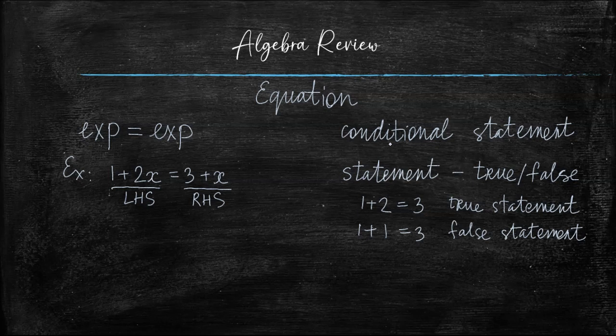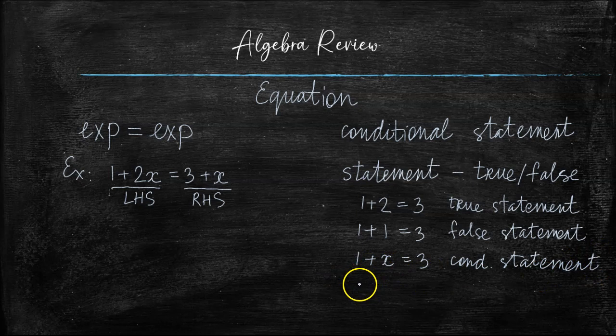So 1 plus 2 equals 3 being a true statement, 1 plus 1 equals 3 being a false statement, means that if I introduce a variable like this, if I say 1 plus x equals 3, then in this case, I don't know if this statement is true or false. So we will say it's a conditional statement. And what is the condition here? The condition is the value of x.